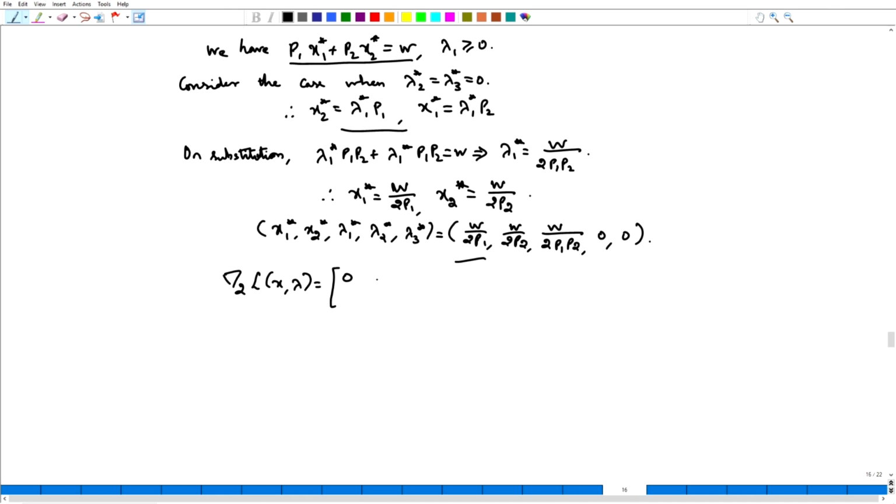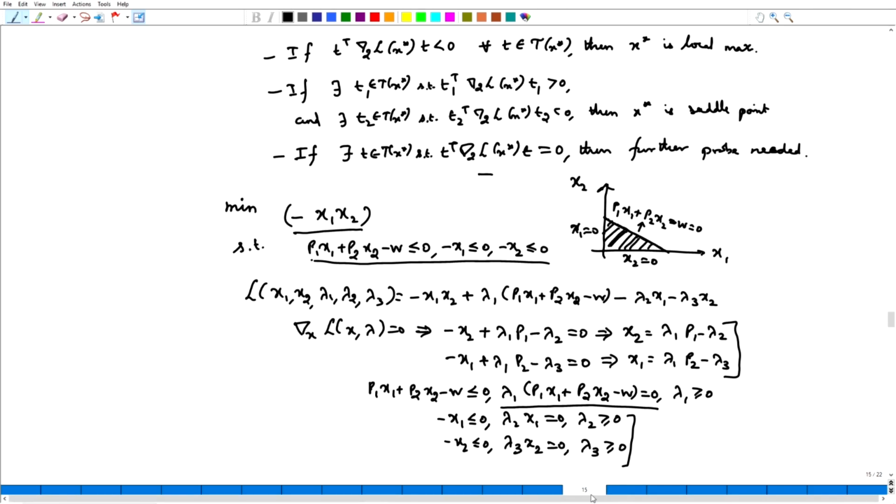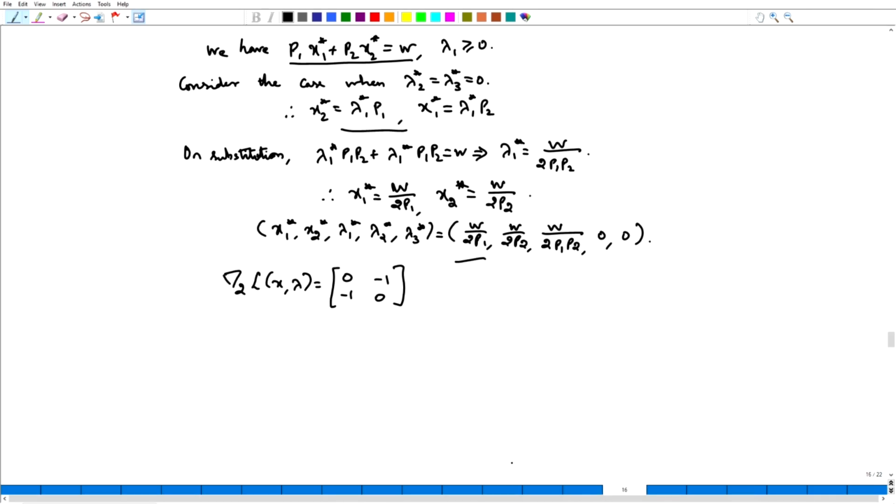So, it is actually 0, minus 1, and 0. Is that correct? Yes, this is correct. So, that is the Hessian of the Lagrangian.